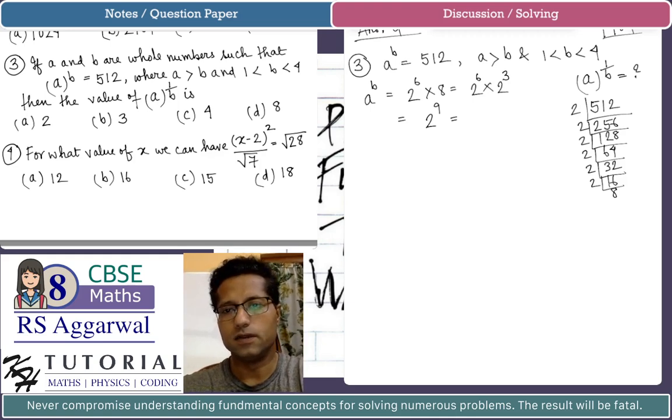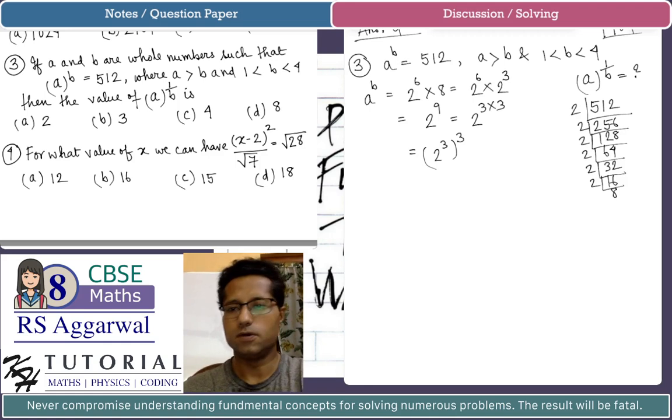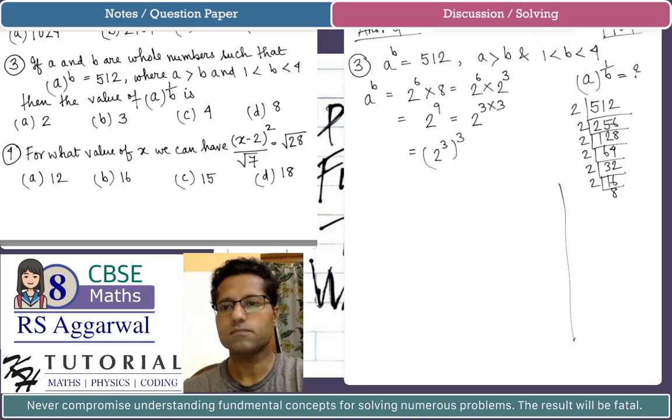the power 9, we can write it as 3 into 3. Now we can write this as 2 to the power 3 whole raised to the power 3, because we know that x to the power m into n is equal to x to the power m whole raised to the power n.